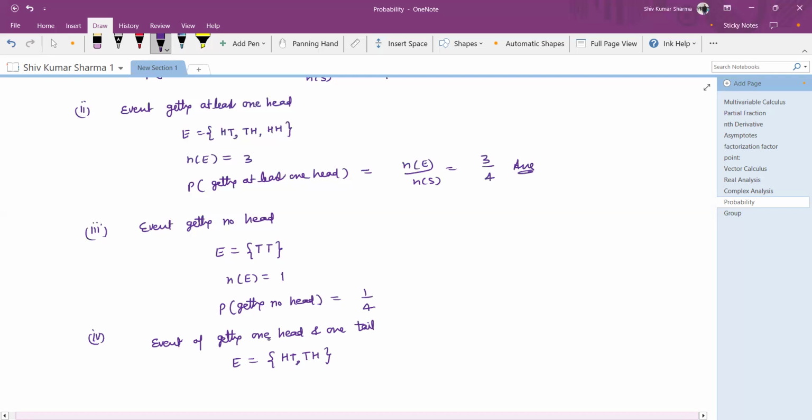So this means that the probability P of getting one head and one tail is equal to 2 by 4. So here you can write NE is equal to 2. So this is equal to 1 by 2. So this is the answer of all four parts.